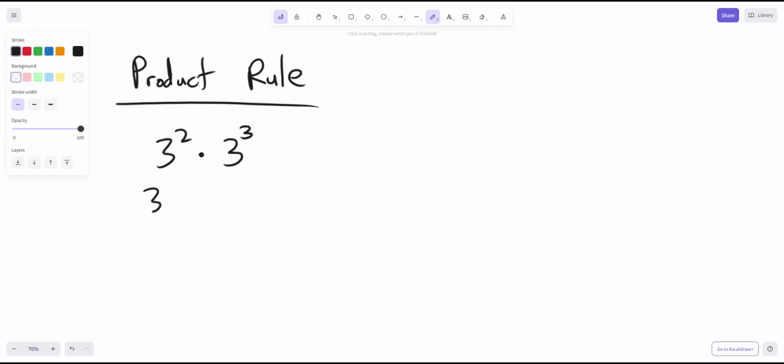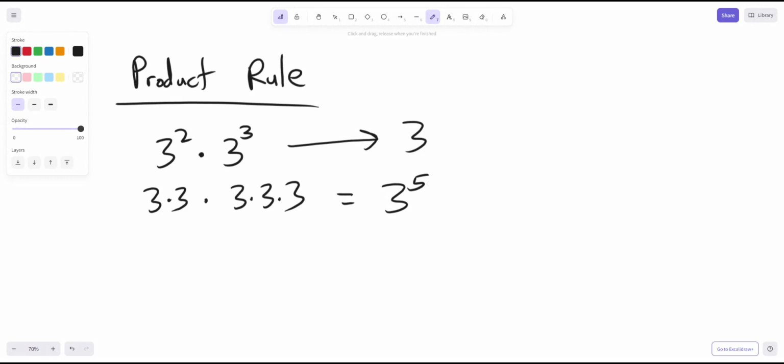So 3 squared is 3 times 3, and 3 cubed is 3 times 3 times 3. If we're multiplying the whole thing together, that's equal to 3 to the fifth. The product rule says 3 squared times 3 to the third is 3 to the second plus third power.